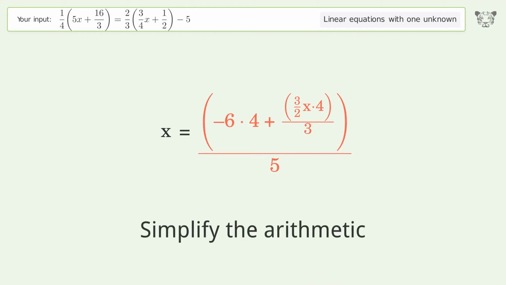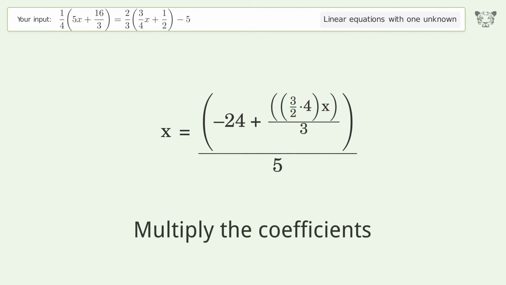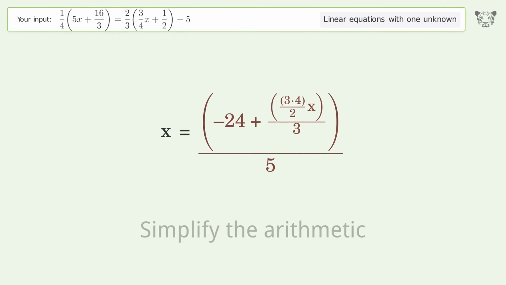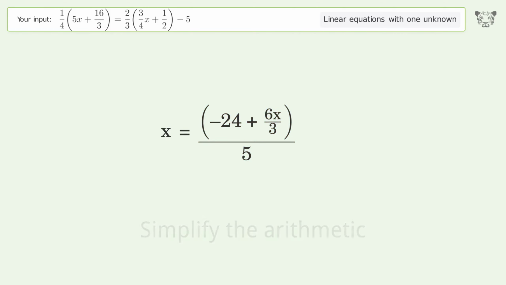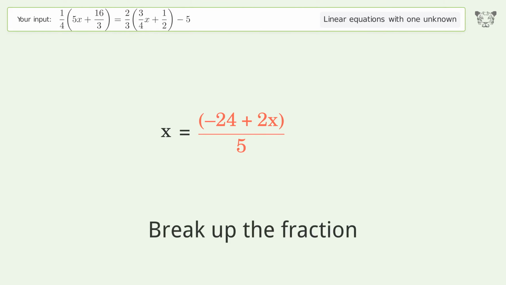Simplify the arithmetic. Group like terms. Multiply the coefficients. Simplify the arithmetic. Simplify the fraction. Break up the fraction.